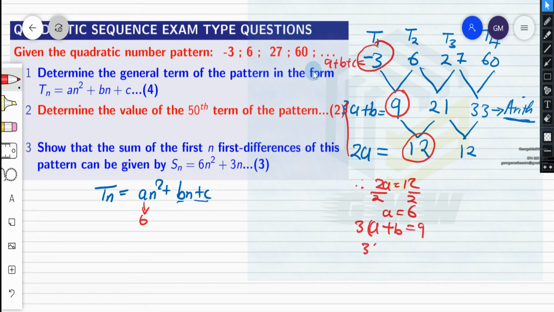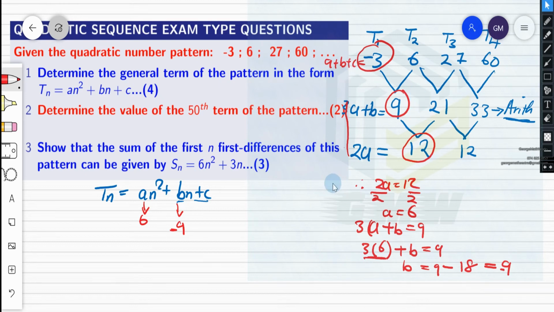Wherever there is a, I can now put 6. 3 by 6, then plus b equals 9, which means that b equals 9 minus 18. If you multiply here, you get 18. Then it crosses, it becomes negative. So here I have found my b to be negative 9 at this point.